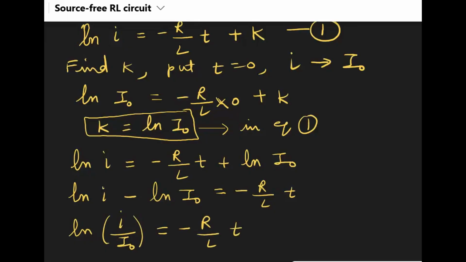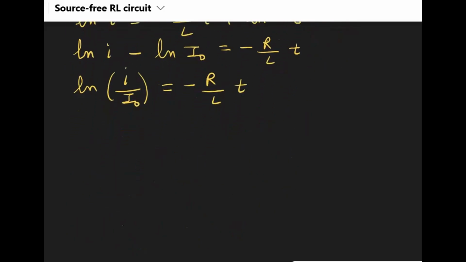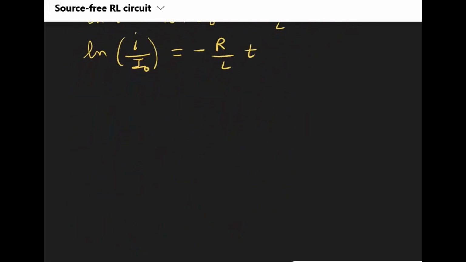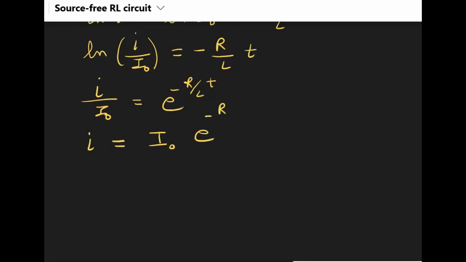To find the equation for I, we take the antilog of this equation and it becomes I upon I0 equals e to the power minus R by L t, or I equals I0 e to the power minus R by L t.